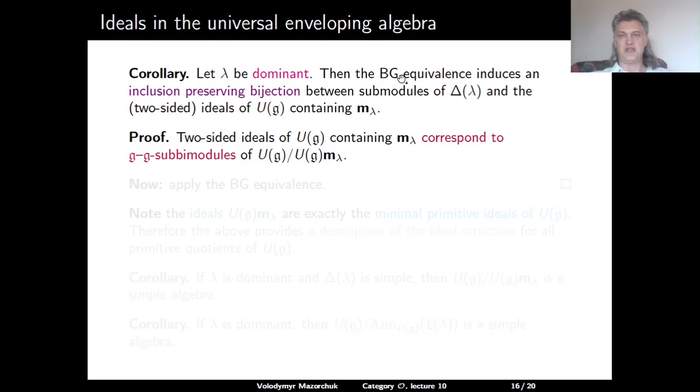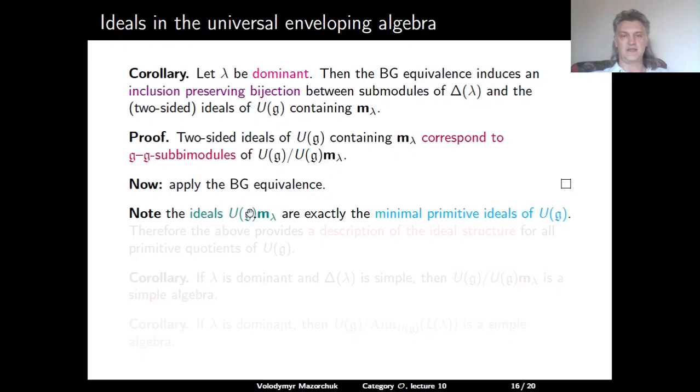Of course, the BG equivalence matches delta lambda with U(g) modulo U(g) times m_lambda. So two-sided ideals of U(g) containing m_lambda are exactly the U(g)-sub-bimodules of the quotient of U(g) by the ideal generated by m_lambda. And it remains to apply the BG equivalence, which maps delta lambda to this quotient.